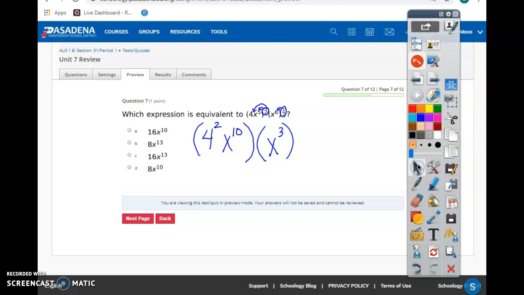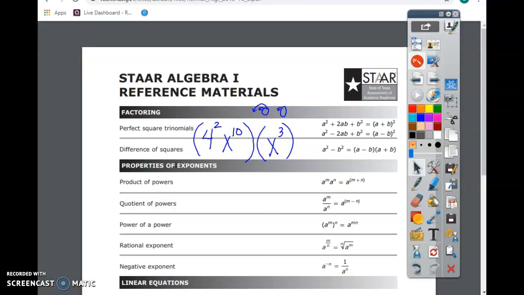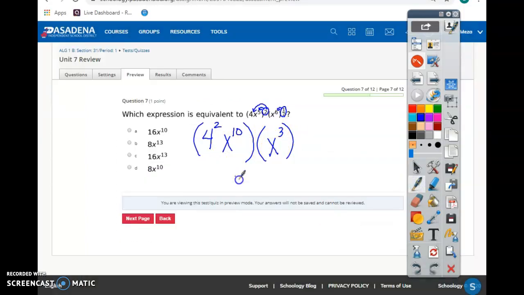So when I look at my reference chart, it's going to be this one. 2 things multiplying each other, you add the exponents. So the 10, you're going to add 3 to it. Because I have 10 x's here and 3 x's here. That's 13 x's, right? So that's x to the power of 13.